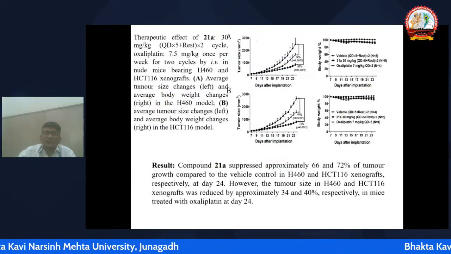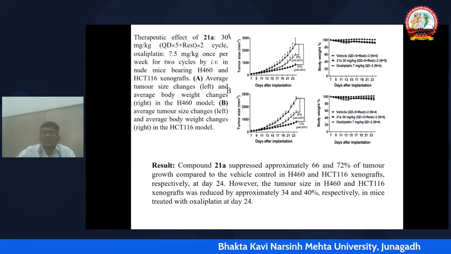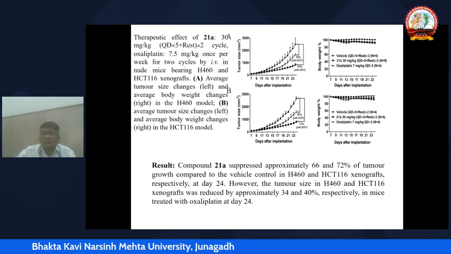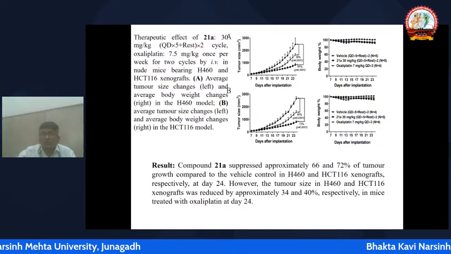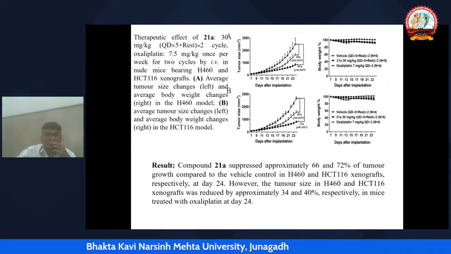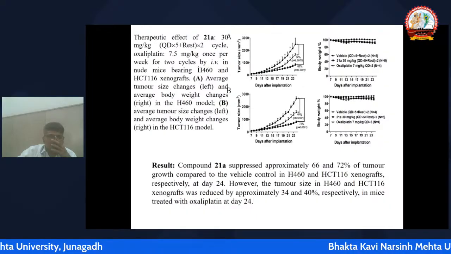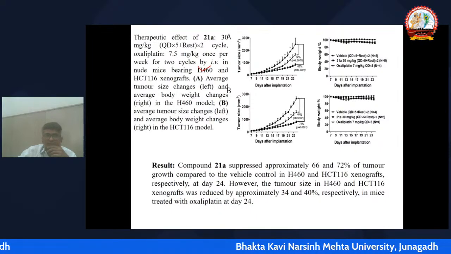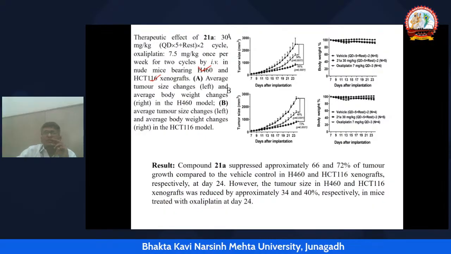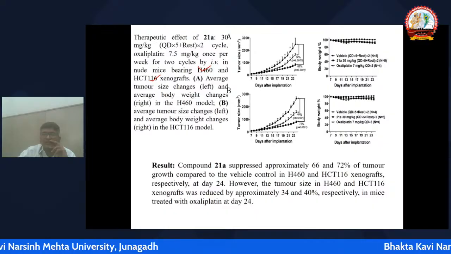Then we have checked the in vivo study of compound 21A, and we see approximately 66 and 72% tumor growth inhibition compared to the vehicle control in H460 and HCT116 xenograft models. So we have checked the compound in mice models, first in H460, then HCT116. We also checked the mice body weight.